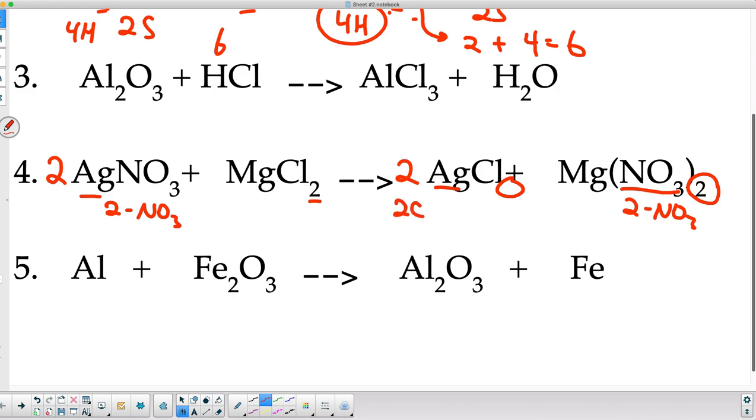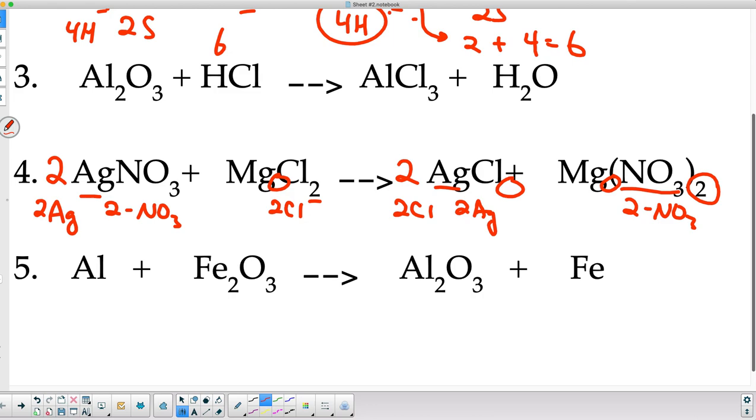When I get 2 chlorines on the right-hand side and I have 2 on the left-hand side, they balance, but now I've changed the number of silvers. I had to put a 2 in front of both silvers, one on the left-hand side and one on the right-hand side, so that means they're balanced. Mg has a 1 here and a 1 here, which means it's balanced now.